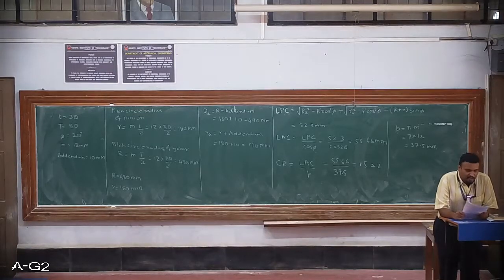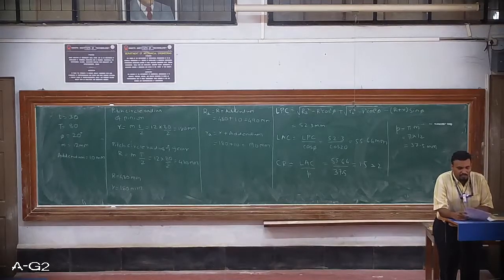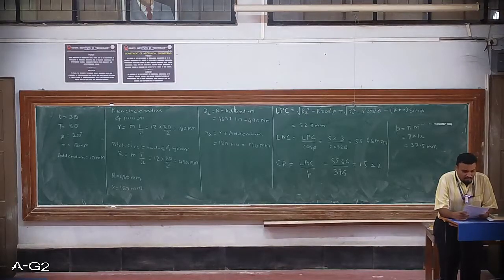So the first thing we need to determine is the angle turned through by the pinion when one pair of teeth is in mesh. We know that the pitch circle radius of pinion, small r, is equal to module into small t by 2. Substitute and see what value you get for small r. The pitch circle radius of wheel, capital R, is equal to m into capital T by 2.